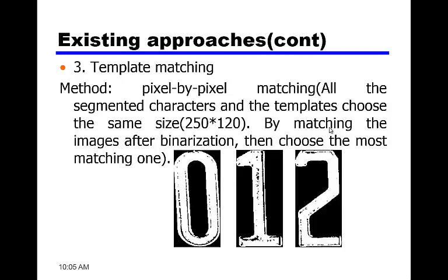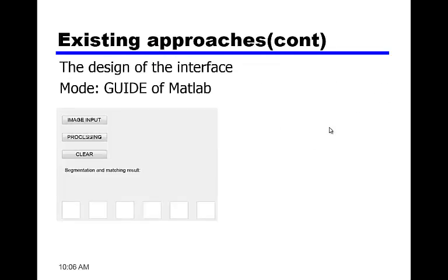Then I match each pixel of my characters to every template in my library, and choose the closest one, because if they are the same, they contain the same information, and almost all the pixels are the same. There might be some differences, but they will almost be the same. Then I will choose the most matching one.